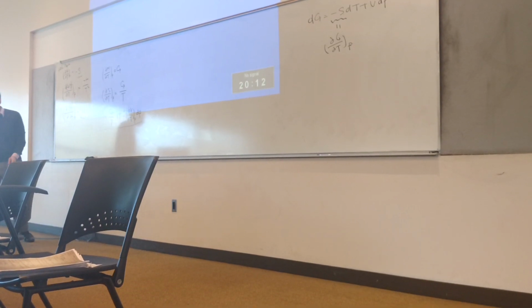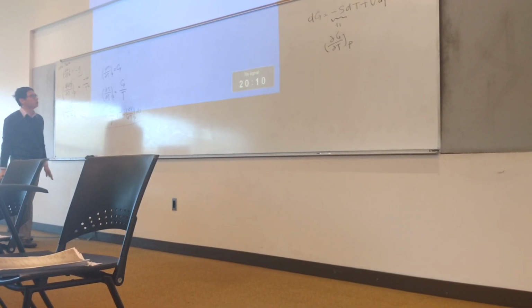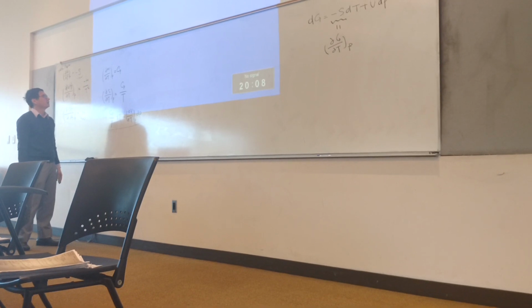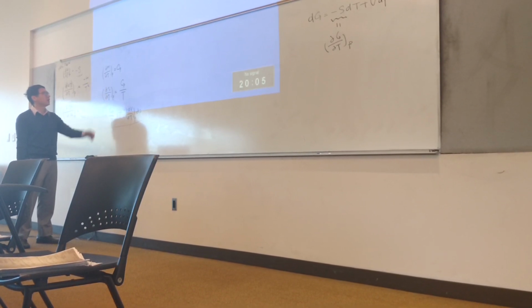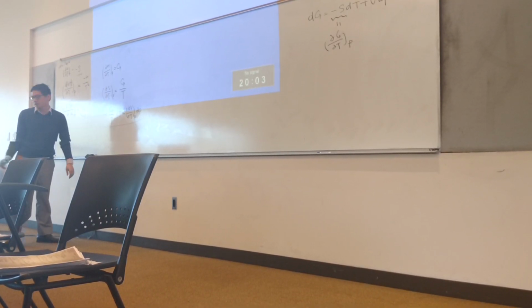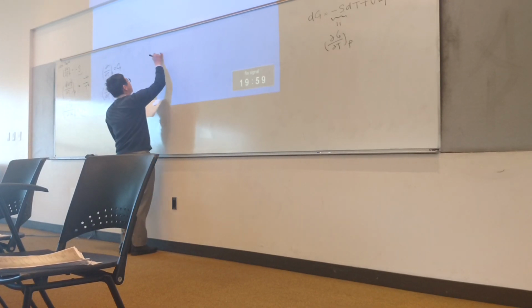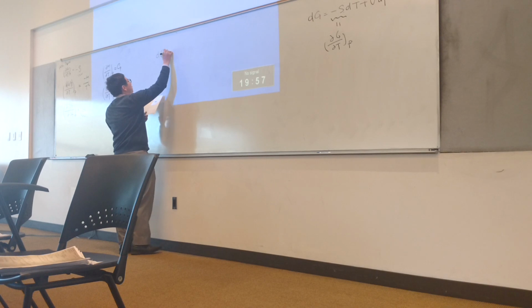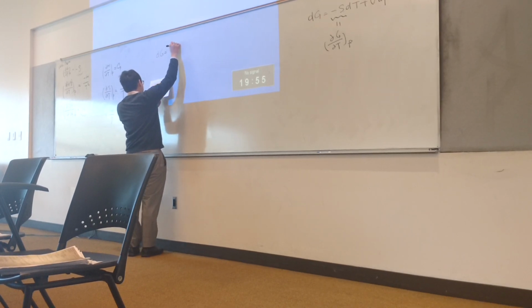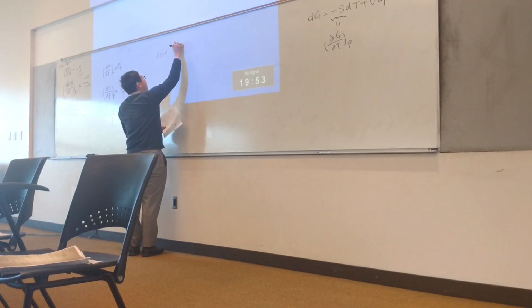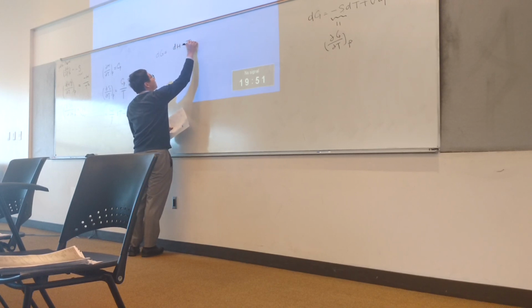Therefore, if you want to know the temperature dependence of your G, the better way is to express everything using Cp. So what we are going to do is, we know dG is equal to dH minus TdS.